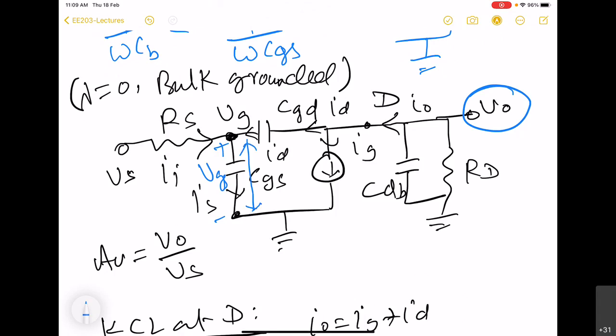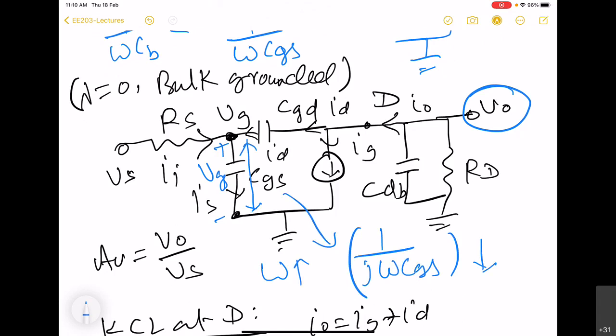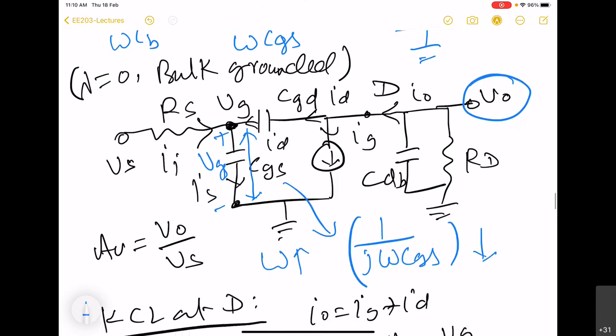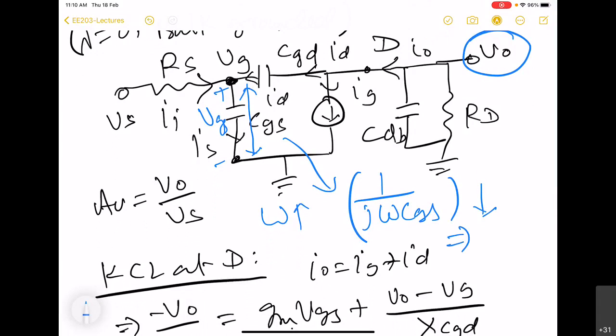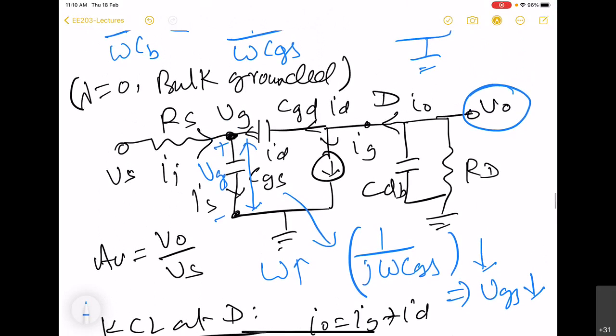So the impedance offered by this CGS is going to be 1 by j omega CGS. So as frequency increases, this impedance is going to decrease, and this will imply that VGS decreases with the frequency. When VGS decreases, this dependent current source IG is also going to decrease.